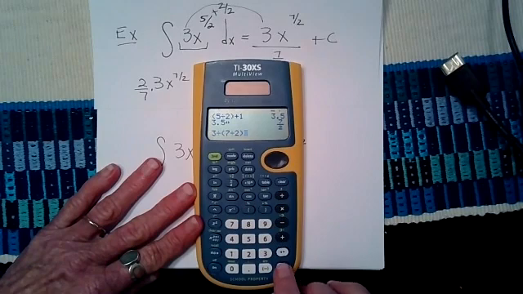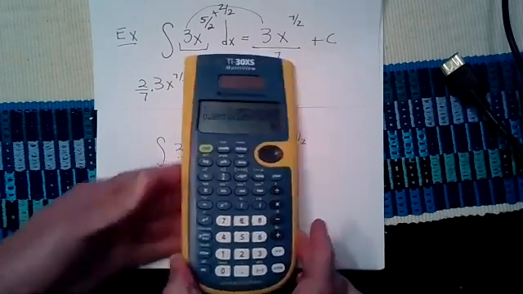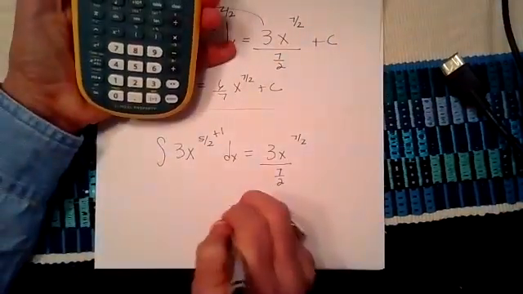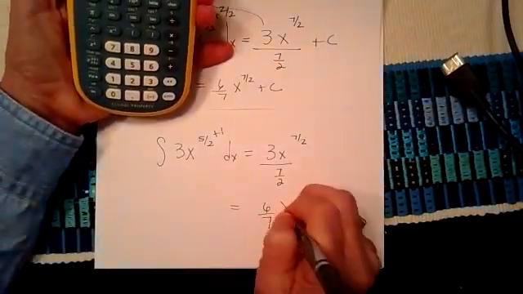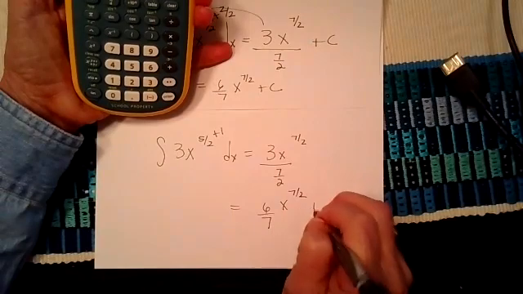And push enter, and I get that decimal, but look, I go right above the enter to that double arrow, and boom, it gives me what? 6/7. So I have 6/7x to the 7/2 plus c.